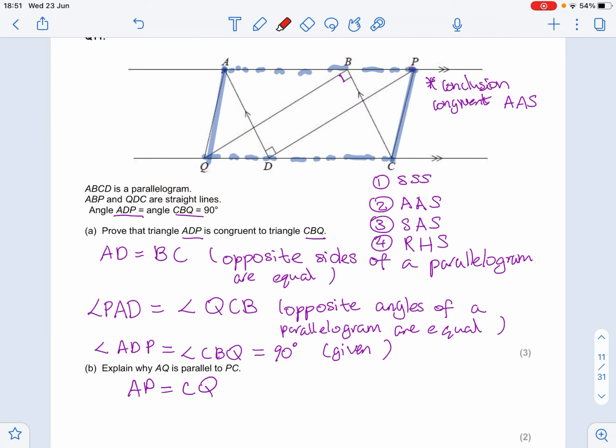So AP is equal to CQ because we just proved that those two triangles are congruent. Therefore, those two lines are equal. So it is using the previous question, we proved that they are congruent. So we can say that AP is equal to CQ since the triangles are congruent.